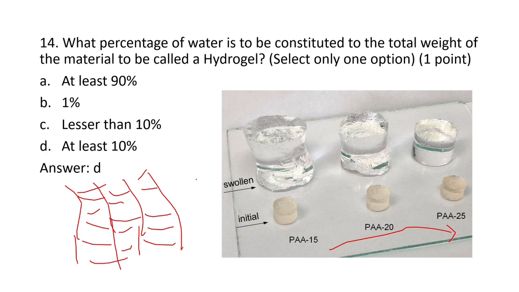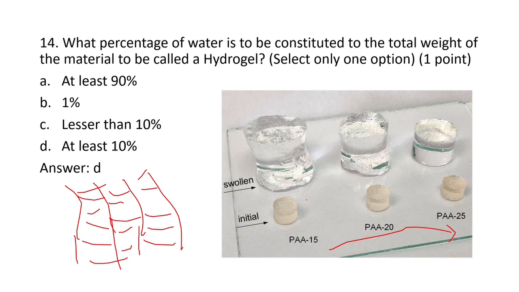So percentage of swelling will depend on tissue to tissue. If you are preparing a bone tissue, you will not need a very high percentage of swelling. If you are preparing cartilage, you won't need high swelling percentage either. But if you are preparing any other muscular tissue, you will need high swelling percentage.